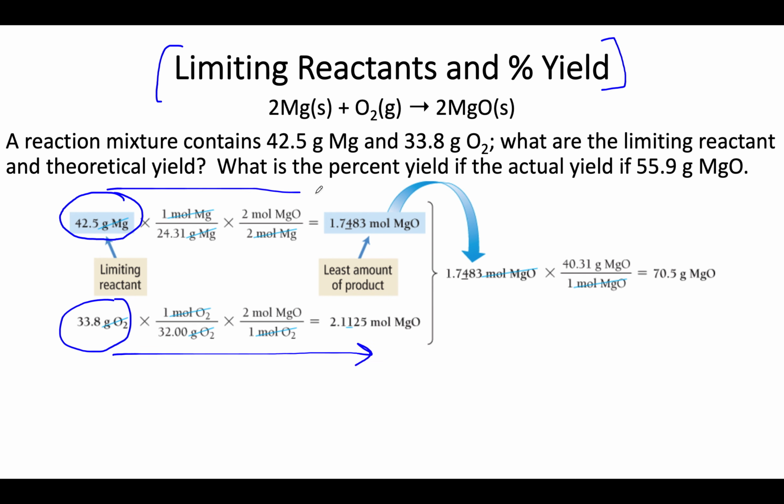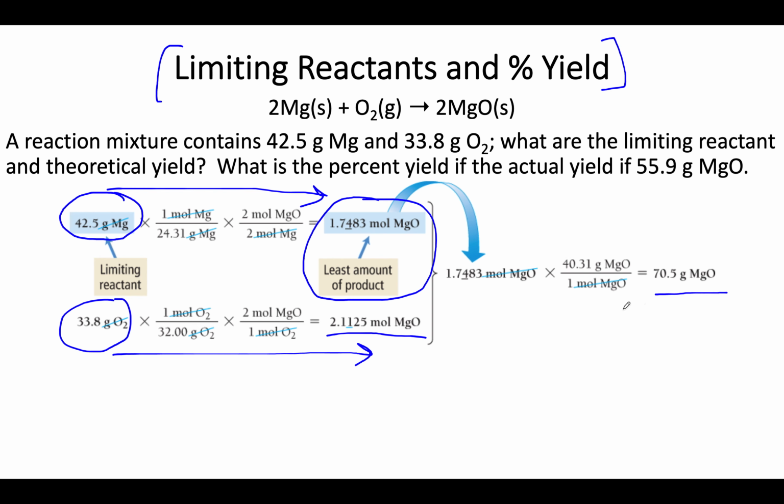You do these two stoichiometry problems, and then you compare, and you realize that this 2.11 is bigger, so the least amount of product is your theoretical yield. And you could stop here at moles like they did, and then convert it to grams.